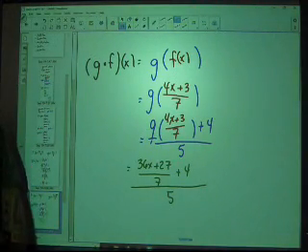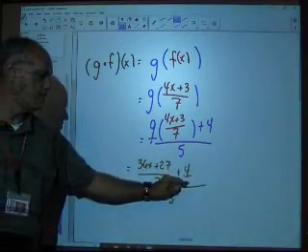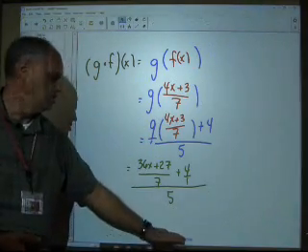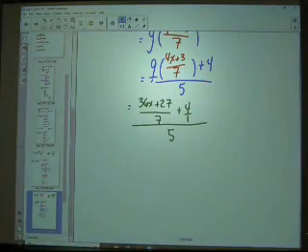Now, it is important to know that the 4 that's sitting here is actually a 4 over 1. It doesn't share a denominator with the quantity of 36x plus 27 over 7, does it? So, is it possible to take a portion of the fraction and multiply it by the number 1 and still have an equivalent fraction?